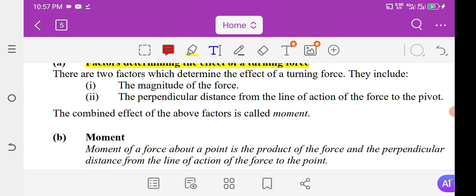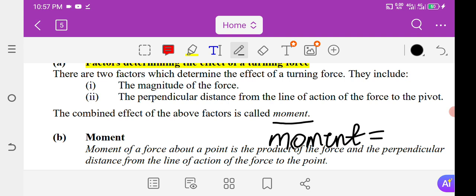The combined effect of these factors is what is called the moment of a force. Of course, the word moment is used in a different context to mean something else. For example, you have seen the word moment being used to mean a point in time.